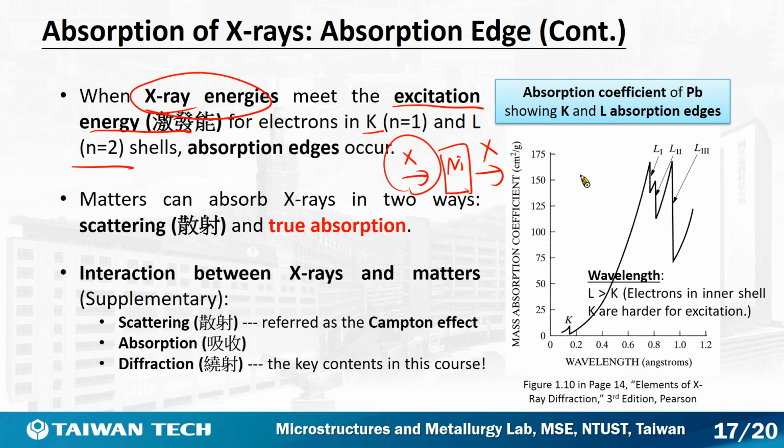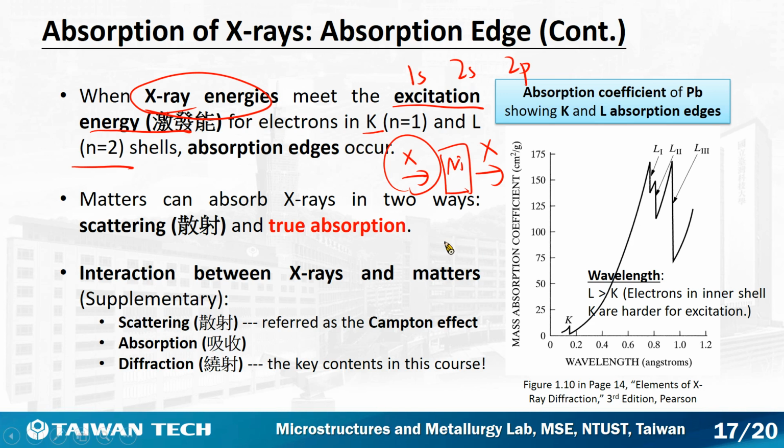And what is the excitation energy? It means that we have a stable energy for different electron configurations, right? We have 1s, 2s, and 2p. Electrons fall in and become a stable state. Then we have X-ray energies that may bombard, and then the electron will go away. So that's the excitation energy.